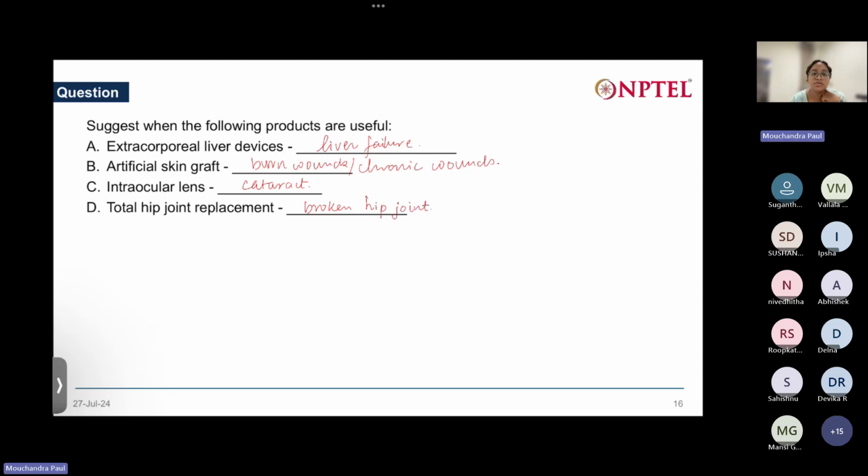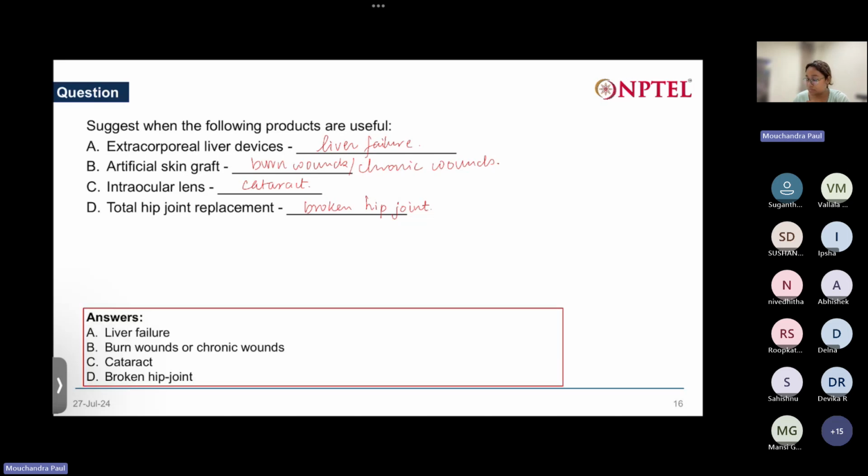So this question helps you to understand what products are available in the market that are designed to make the quality of life better for us. Okay. So tissue engineering is a very, very powerful field, and almost every other institute in our country has a few researchers working on tissue engineering or some aspect of it.